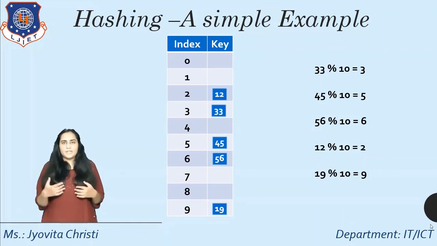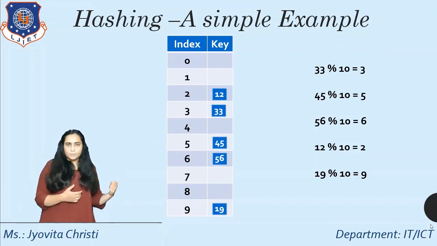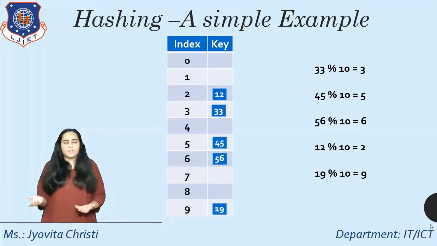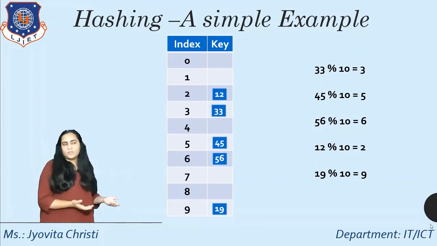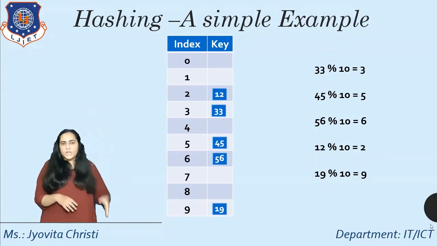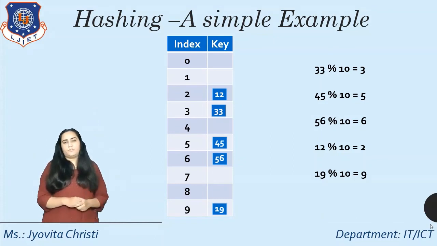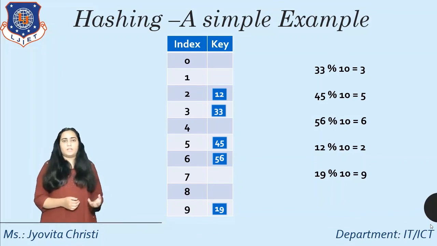So if somebody tells me to find 19 from my table, I'll just do modulo 10 and I'll get 9, and I know that 19 is in the 9th position. I don't have to go through the entire index in order to search for a particular value that I've stored in my hash table. So this is how hashing makes indices faster and more accessible.